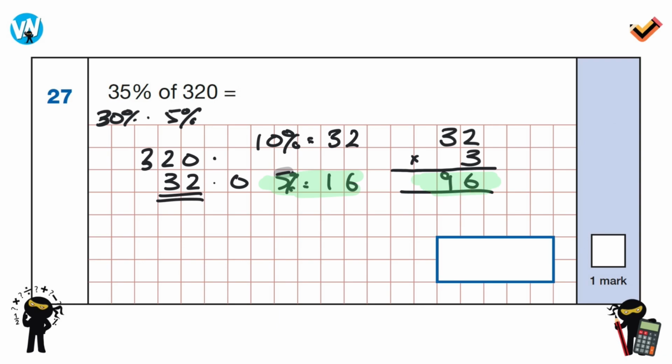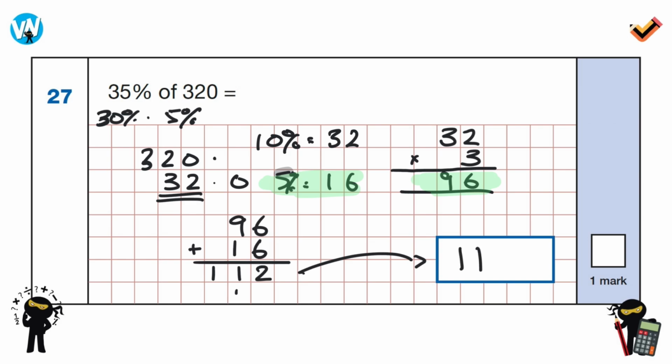So I'm just going to do a quick column addition of 96 add 16. Very easy. 6 add 6 is 12. 9 add 1 is 10. Add the 1 is 11. So I'm basically at 112.